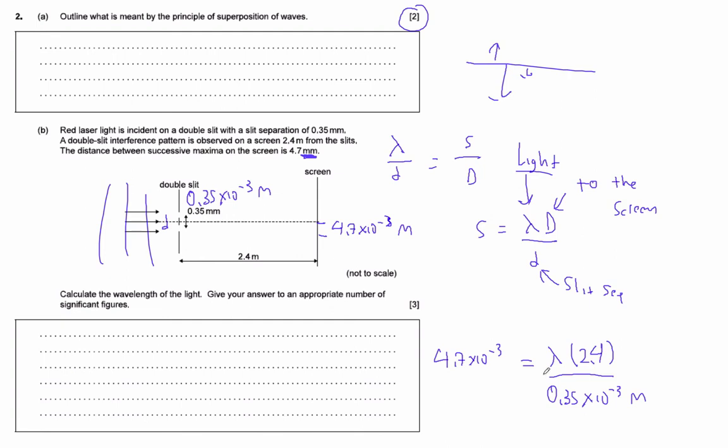So I'm going to go 4.7 e minus 3 times 0.35 e minus 3 divided by 2.4. And sure enough, I get 6.85 times 10 to the minus 7 meters, which, by the way, would be 685 nanometers. We typically give wavelengths of light in nanometers.